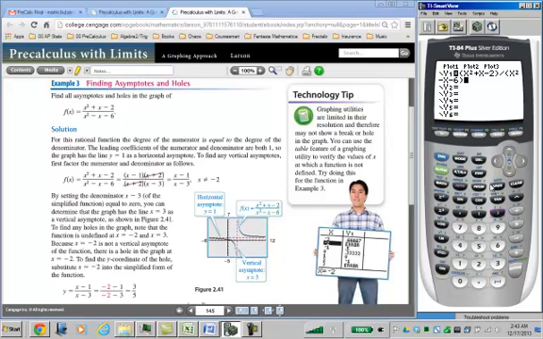Okay, and we'll just graph this on the regular screen. Zoom standard. Now, instead of seeing a graph with two vertical asymptotes, we only have one.